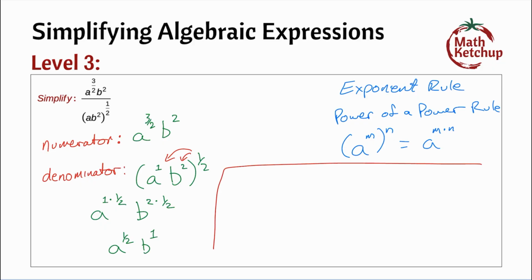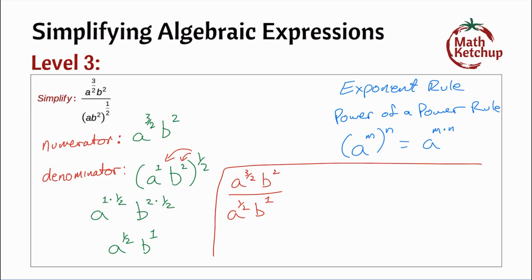Let's rewrite our original question with our simplified denominator. A to the power of 3 over 2, b squared was our numerator. Our denominator is a to the 1/2, b to the power of 1. Now this might look familiar. Previously, we were multiplying powers with the same base, where we added the exponents.